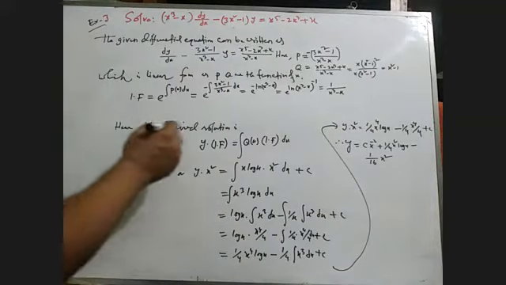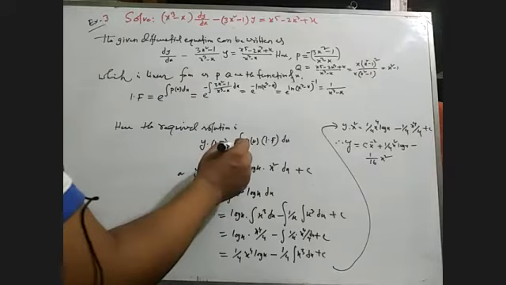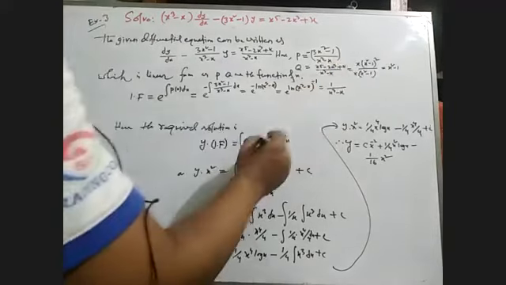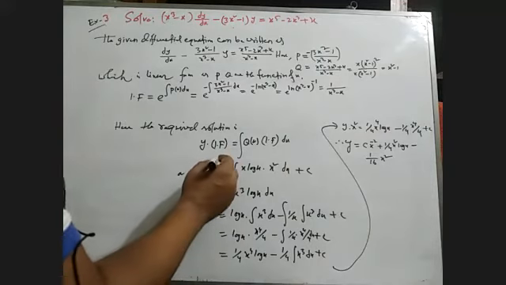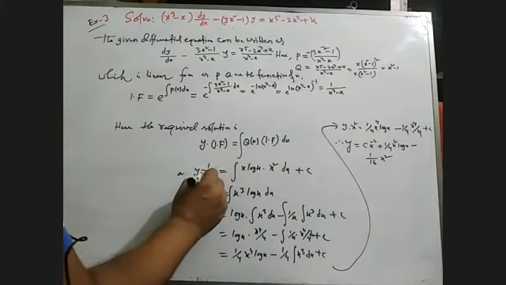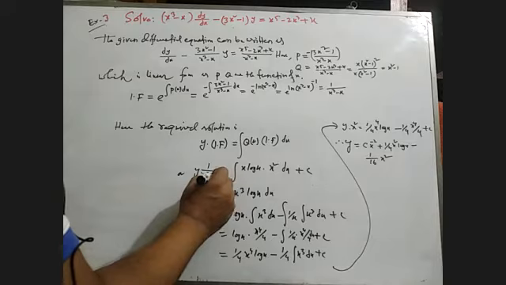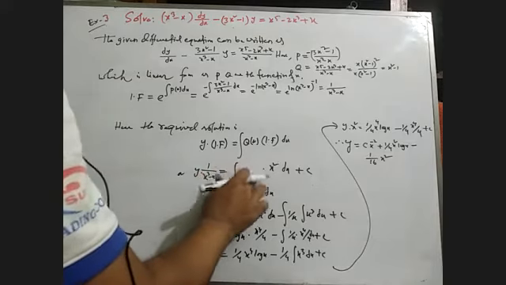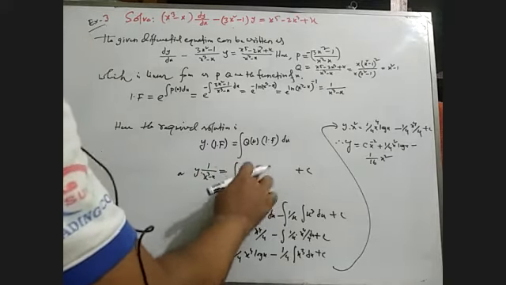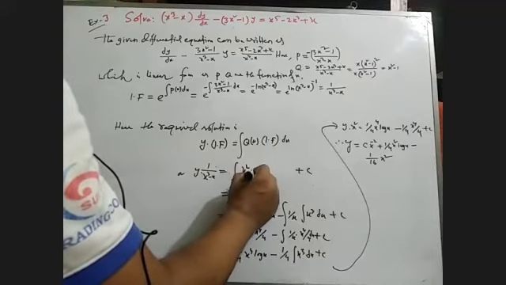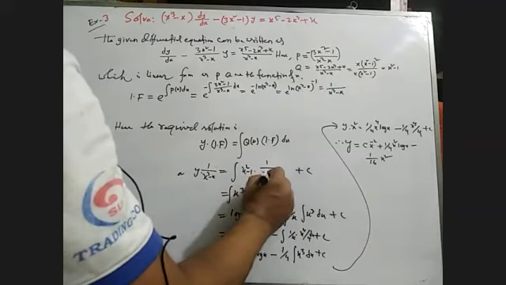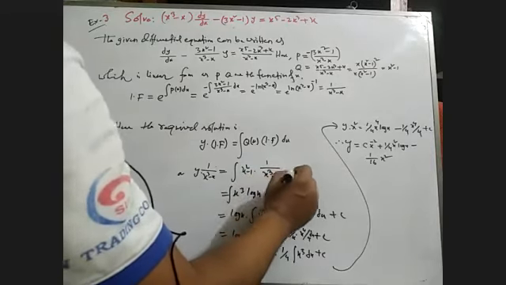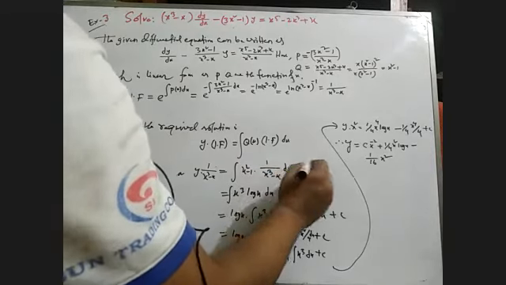So the required solution can be written as y into integrating factor equals the integral of q into integrating factor dx. So y times integrating factor is y by (x cube minus x), and q is x square minus 1, divided by x cube minus x, plus c.